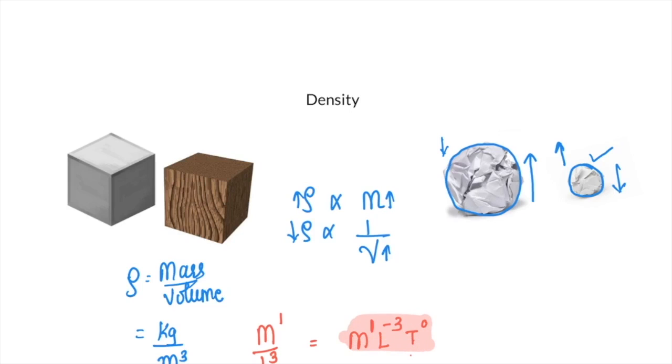So this is the dimensional formula of density. So remember only the formula. Density is nothing but mass upon volume. From that you can easily derive what will be its dimensional formula.